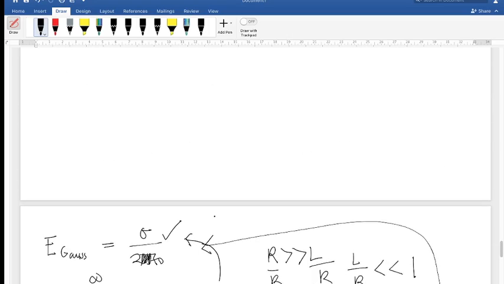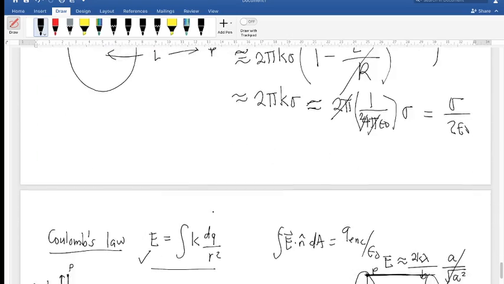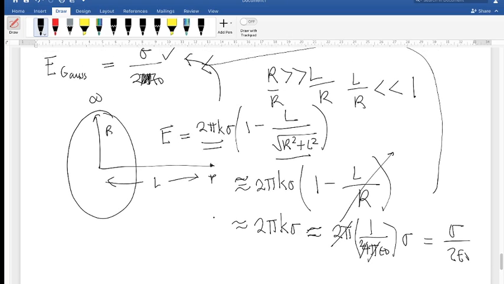So again, we can approximate the result of Gauss's law with Coulomb's law. So they are basically in unity and they are interconnected.